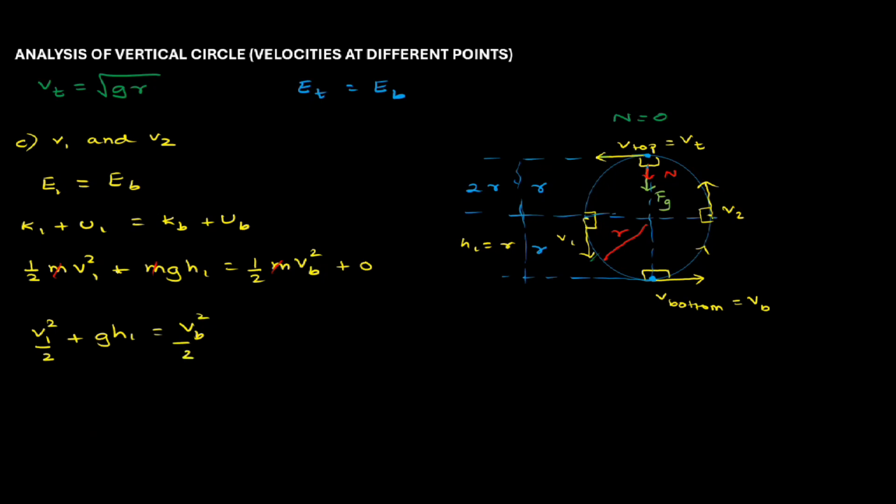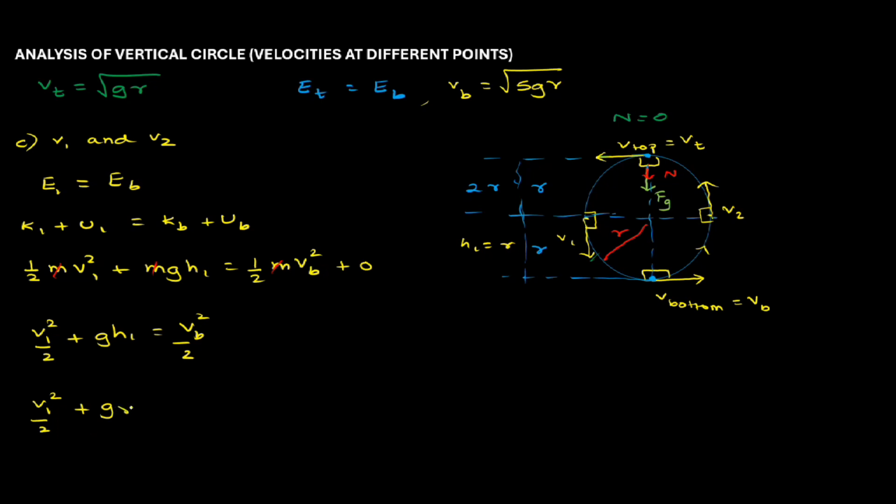Then we can substitute the values of the velocity at the bottom and the height h1. In the previous part, we already found velocity at the bottom to be equal to square root 5gr. We will substitute that here. So write v1 squared by 2 plus g, h1 is the height of point 1, which is a distance r.